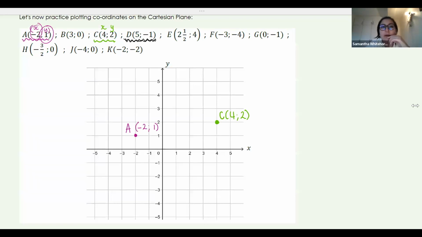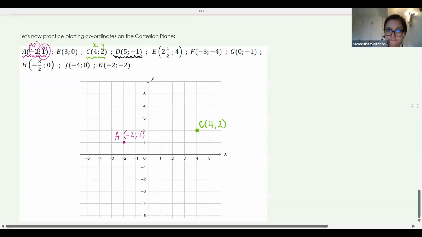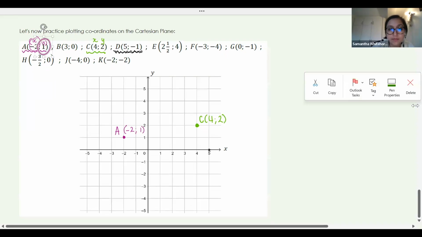All right, would anyone like to raise their hand to try and explain to me how I'm going to plot point D? Hi, ma'am. So, ma'am, on the line for x, at the end there's 5, so we're going to go down once to -1.